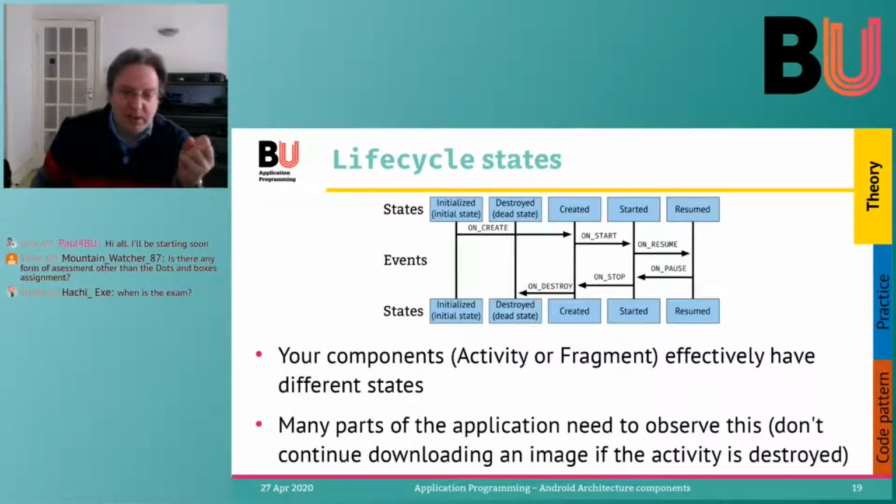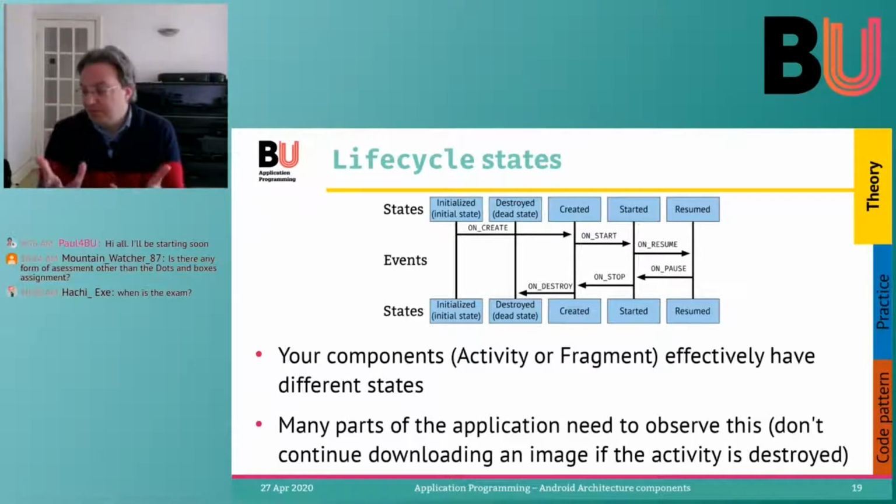As we can see in this diagram, which is a redrawing of the one on the website, there are 5 states: initialized, destroyed, created, started, and resumed. Initially you're in an initialized state, then there's an onCreate event that is called when the activity is created.